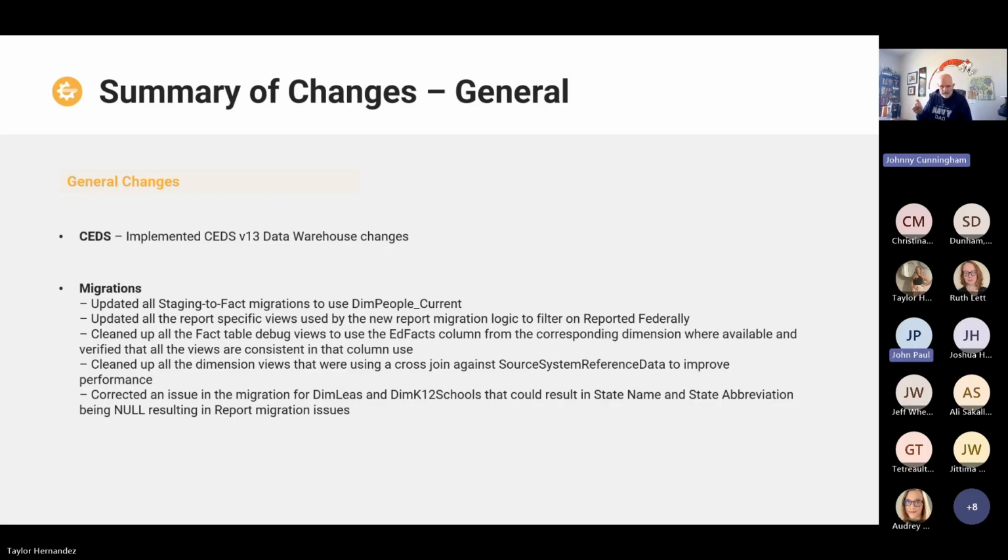Sorry, quick context. The source system reference data table is all of the mappings that map your incoming code set values to the appropriate CEDS values. It maps your incoming race values to the CEDS race values, the disability codes to the CEDS disability codes, and so on.